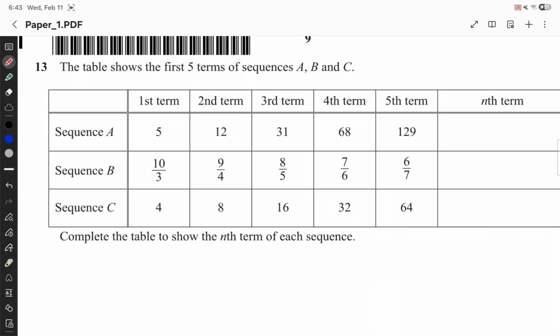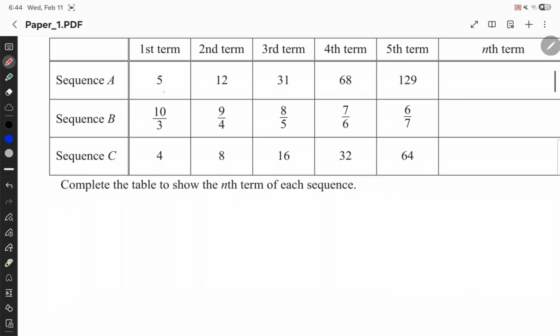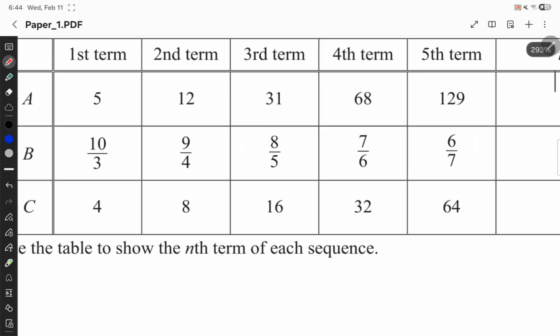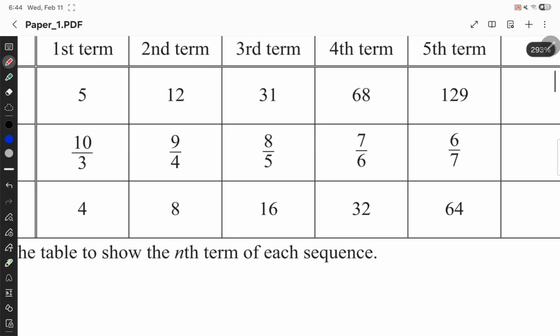Now fun thing, this is paper 4, meaning we have our calculator right here. So first let's see. Now this is obviously not linear.